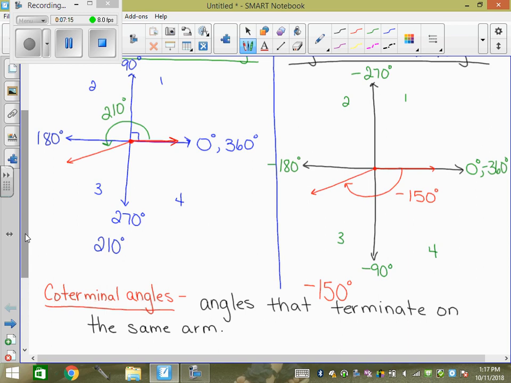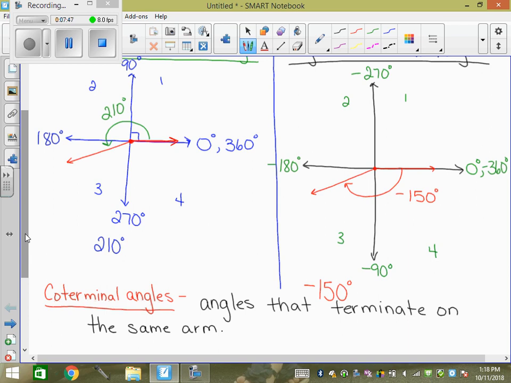Could you think of an easy way that we could possibly figure out coterminal angles from giving you an angle? How far apart are 210 and negative 150? Exactly.